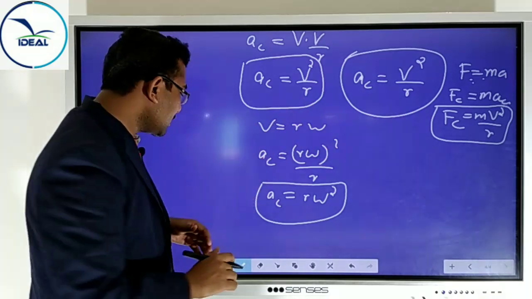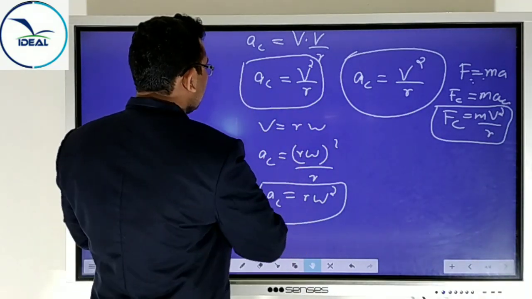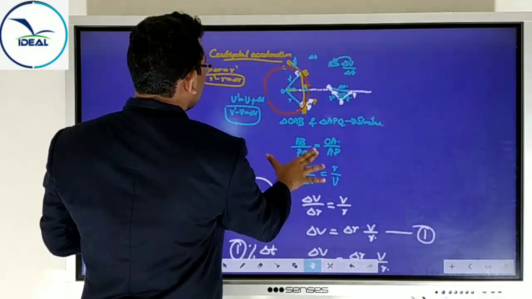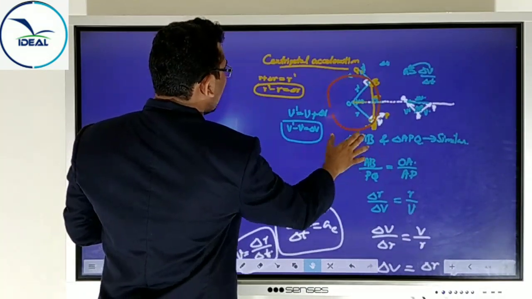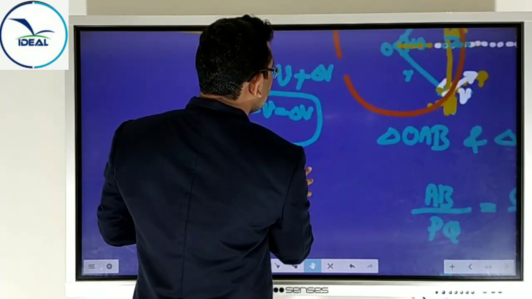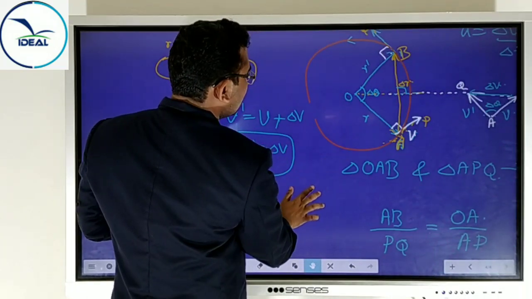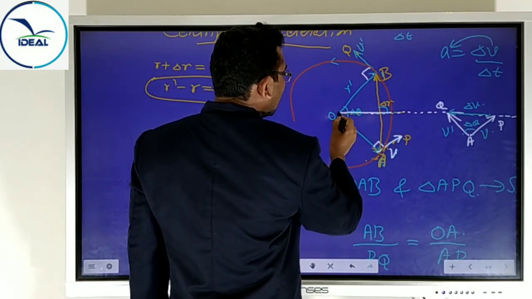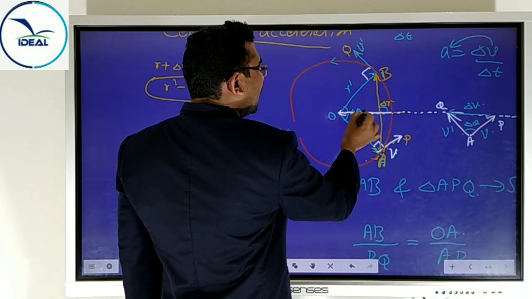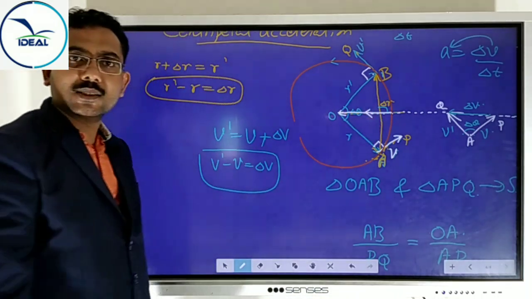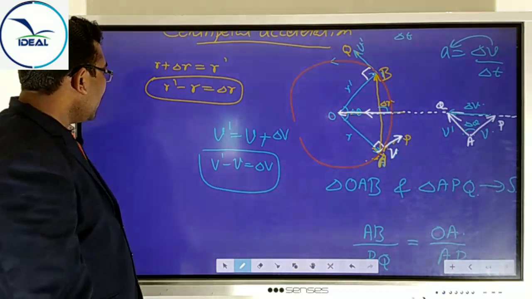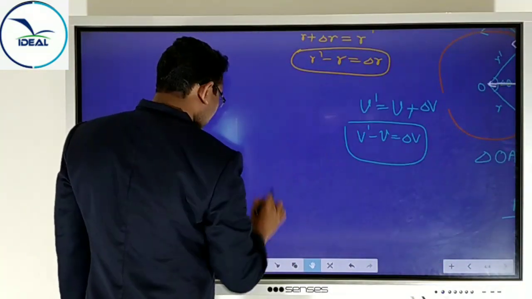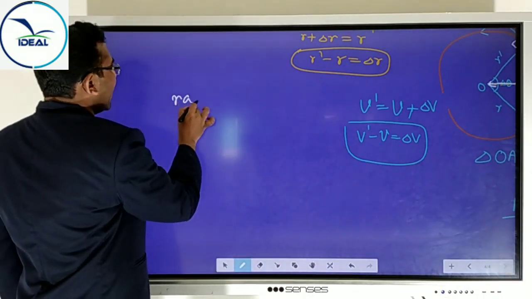What do you mean by towards the center of the circle? It means radially, along the radius. Therefore in circular motion we call it radial acceleration.